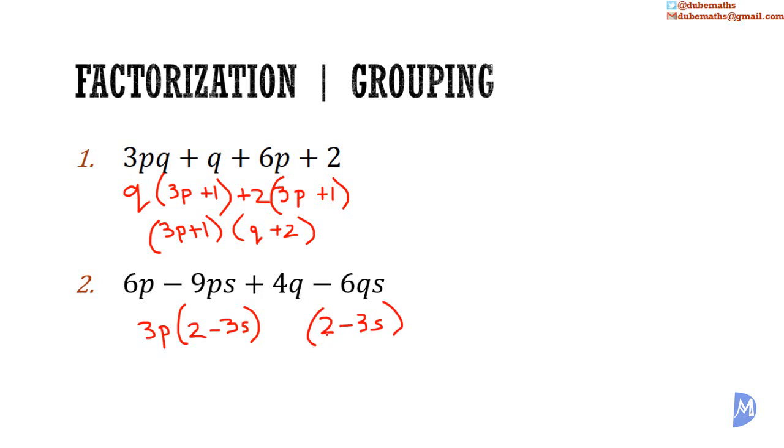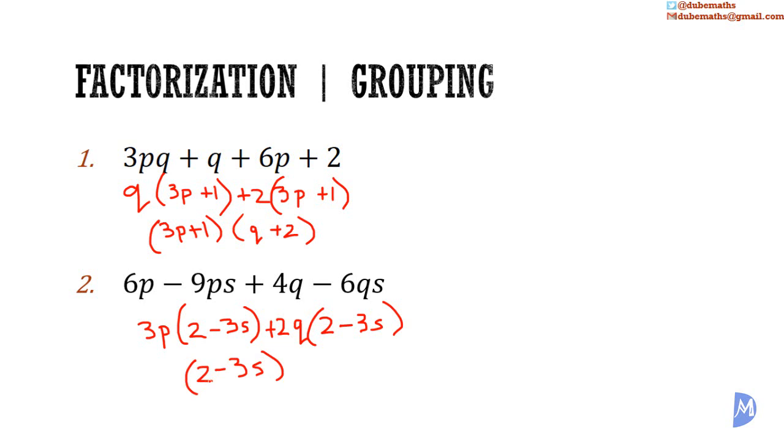What do I multiply 2 by to get 4q? Positive 2q. I confirm that positive 2q multiplied by negative 3s gives negative 6qs. It does. So I move on to the next line. The HCF of both terms is 2 minus 3s.